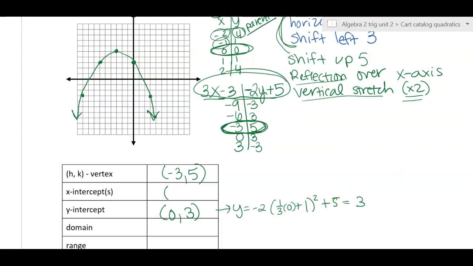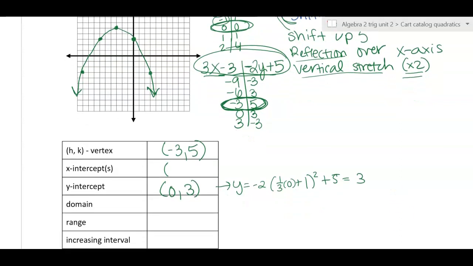The reason I'm pointing that out is a lot of you missed your y-intercept on your last one because you estimated where it went, or your graph was wrong, so you put the wrong y-intercept. You should use algebra to check your graph. This is not that complicated of a calculation. You can do it fairly quickly, and whatever you get here should match your graph, or you're either doing the calculation wrong or your graph was wrong. So it should serve as a checking mechanism.